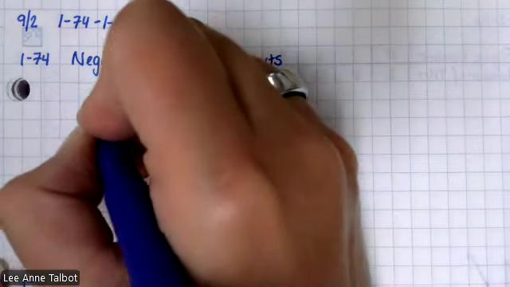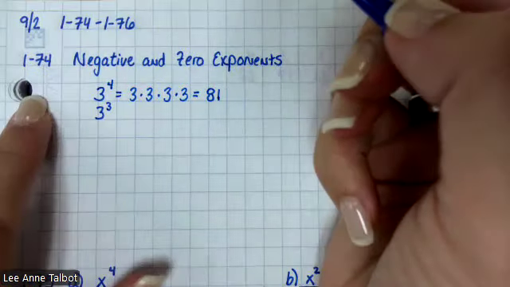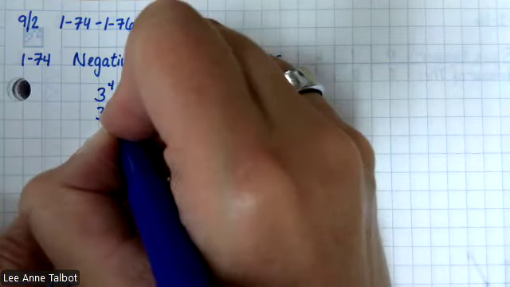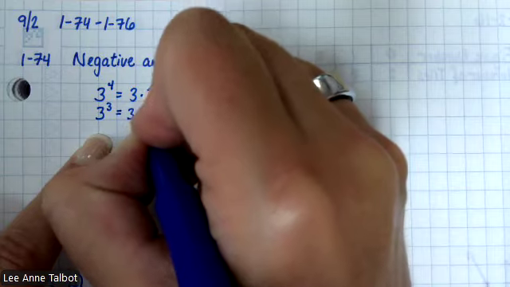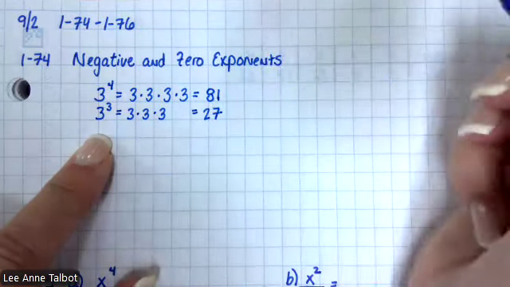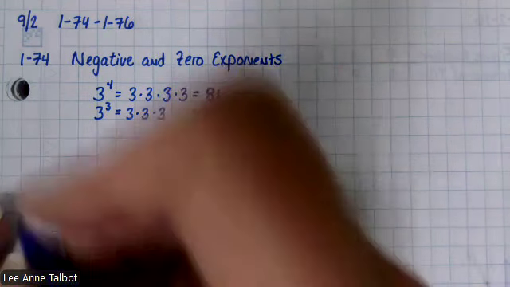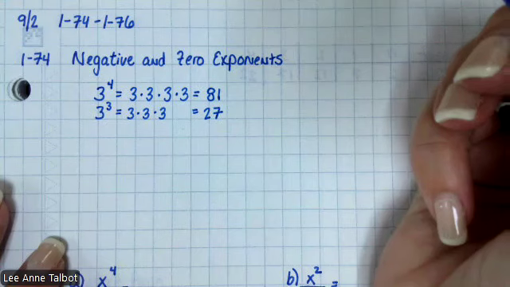Okay, now I'm going to go down a power, and I want to show you what happens. So 3 to the 3rd is 3 times 3 times 3, which is 27. So I want you to notice there's a 3 that's missing, right? We went down a 3. You guys are like, this is boring.